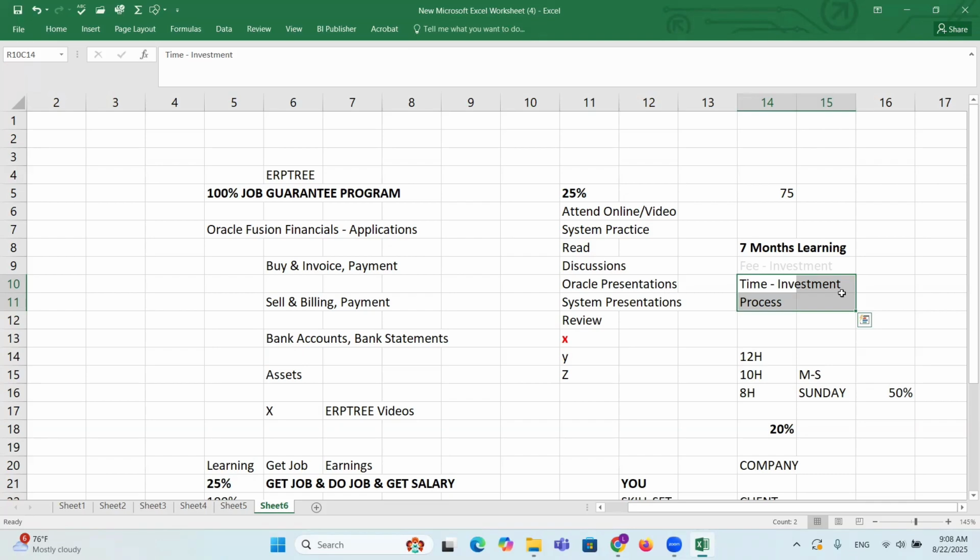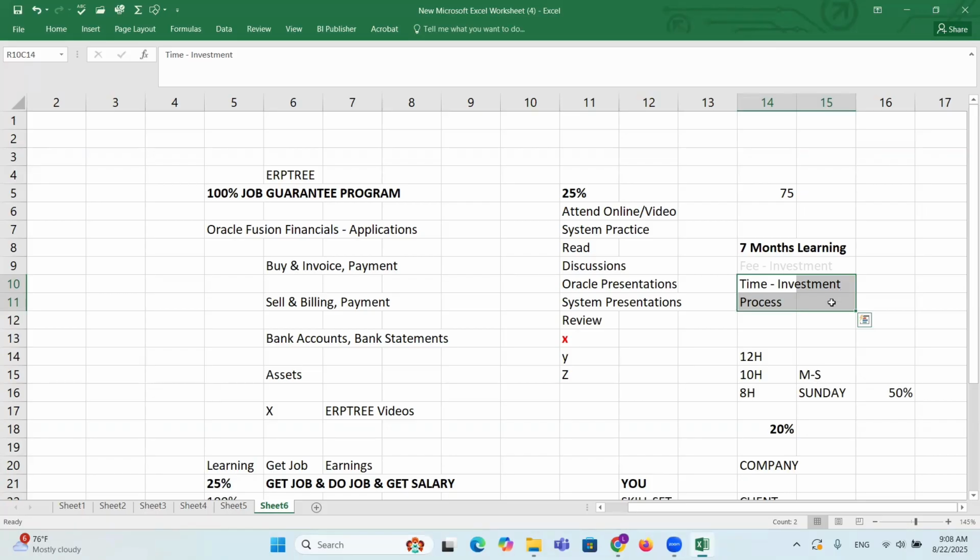That's how you should plan to earn. It should not be, I'll do this program, I will earn, in between client will die. That should not be the target. The target should be an acceptable target. You are learning this to help the company and client, then you can get salary.